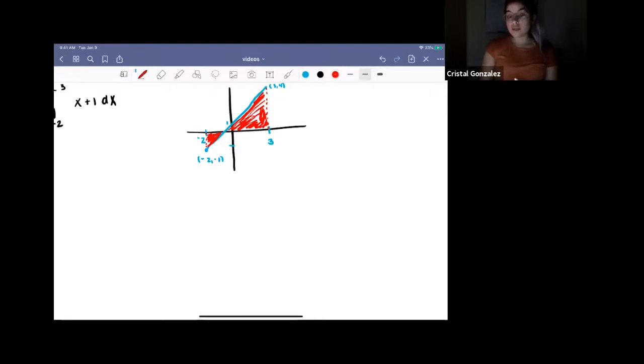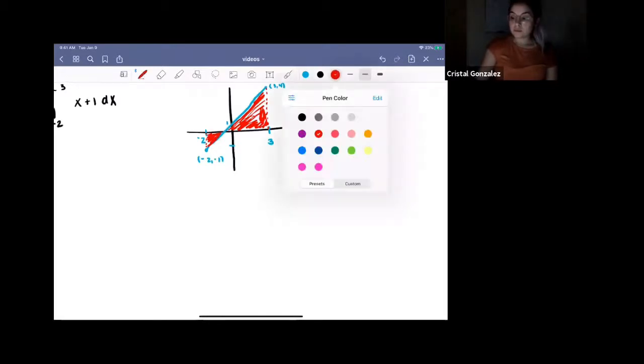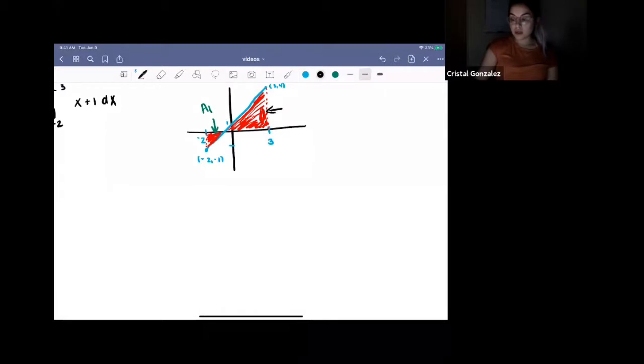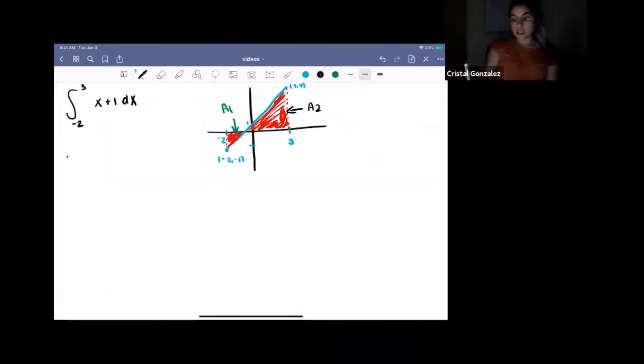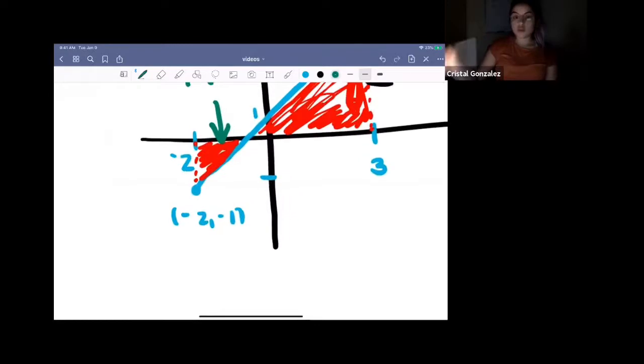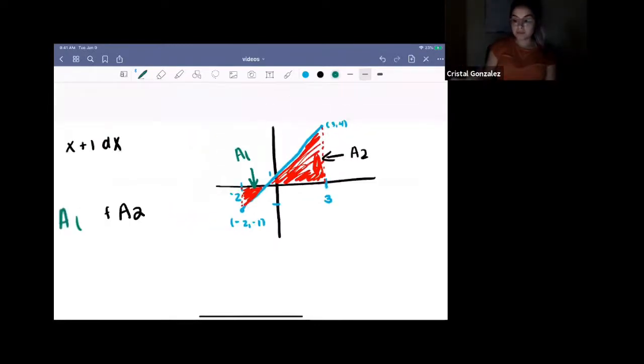Because if I call this, let's say, area 1, and then let's have this one be area 2, the total area is going to be area 1 plus area 2. Well, for area 1, we can just use 1/2 base times height.